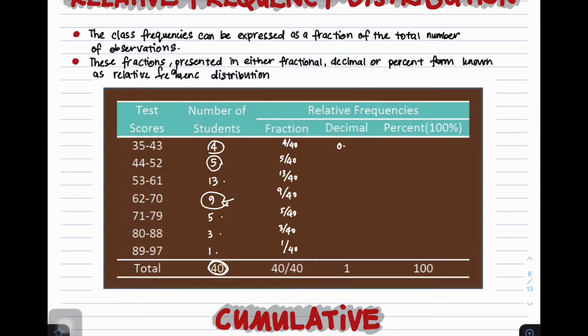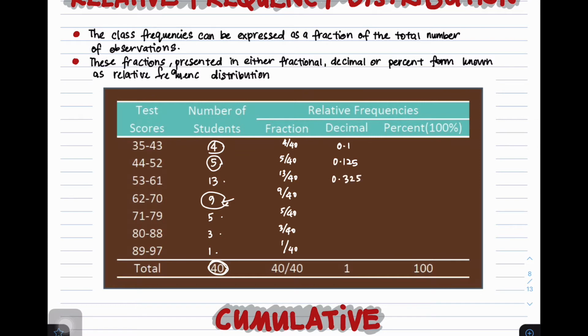Then we find what is 5 divided by 40. 5 divided by 40 is 0.125. And then 13 divided by 40 is 0.325.